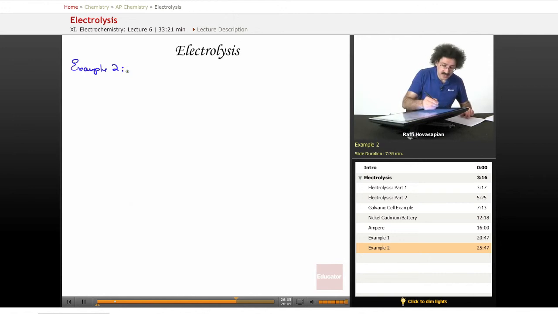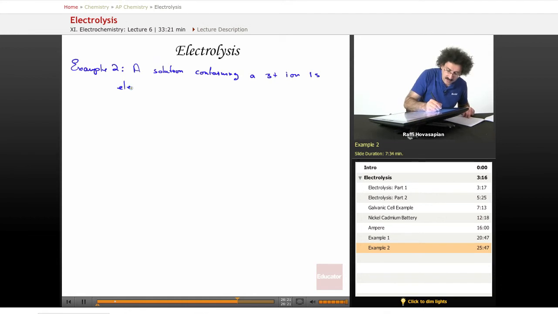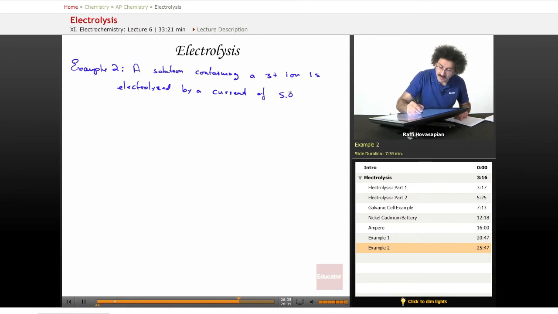A solution containing a 3+ ion is electrolyzed by a current of 5.0 amps for 10 minutes.